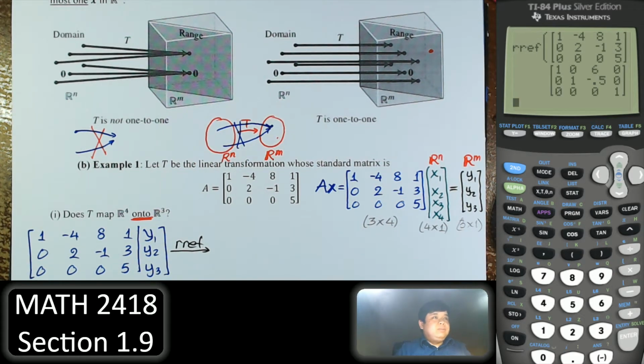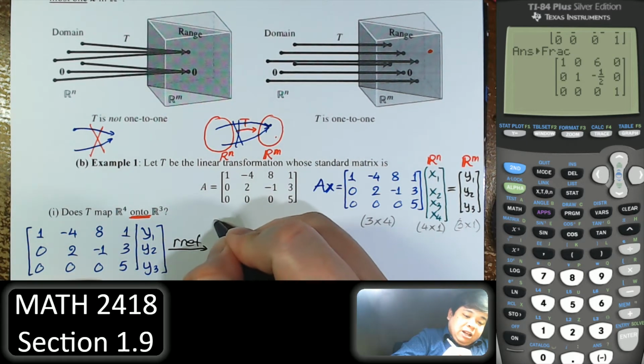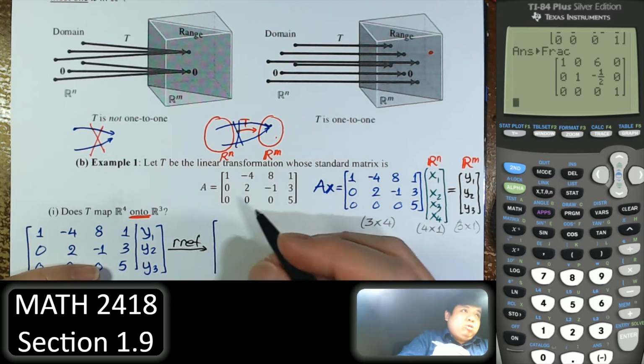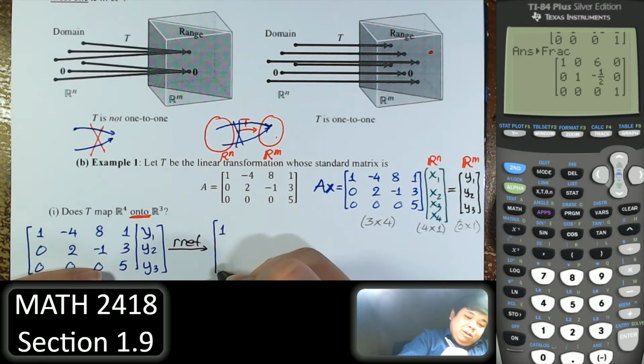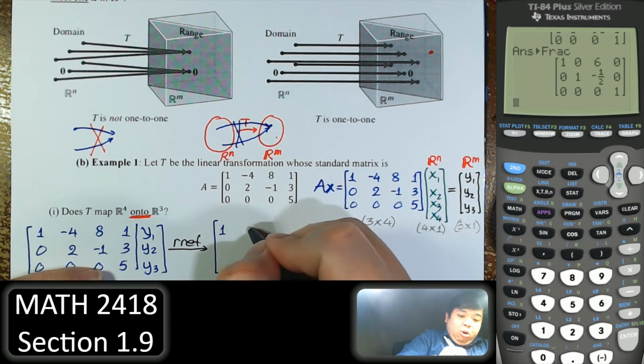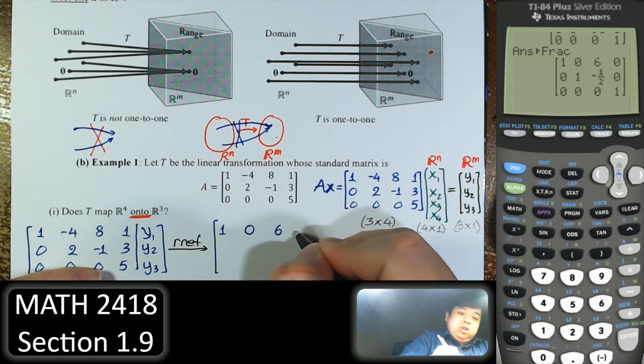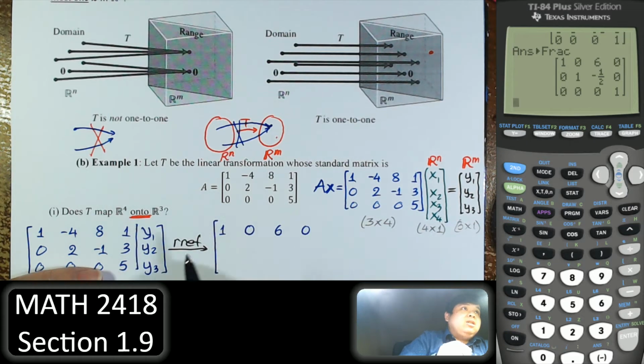Right. As mentioned before, with reduced echelon form, we can write the matrix with entries that are fractions, because we just use the row operations, multiplication and addition. There's no square root or anything, so we should be able to have fractions.